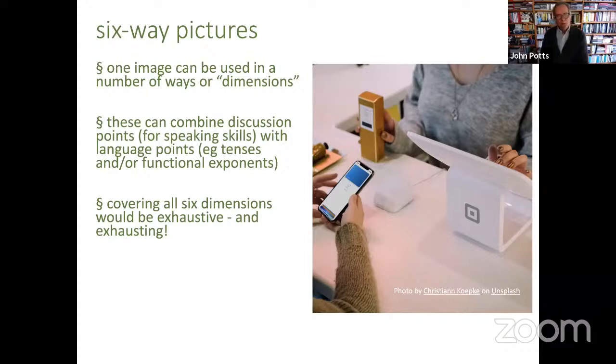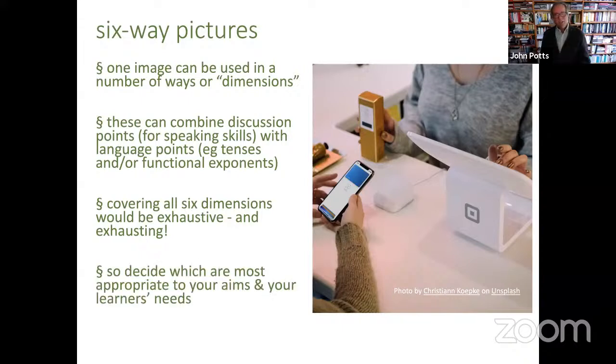We're going to choose the ones that are most appropriate to our aims and needs. So which of these dimensions do we want to explore for my aims as teacher and my learners' needs? So just that's a little caveat there. Just because we can do a picture in lots of different dimensions doesn't mean we have to do all of them all the time. So I'm going to stay with the same picture.